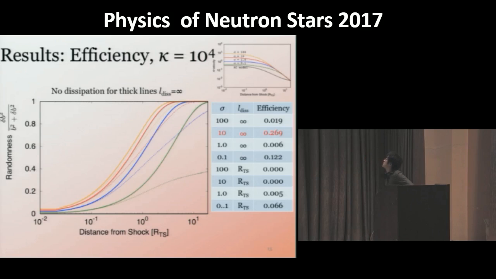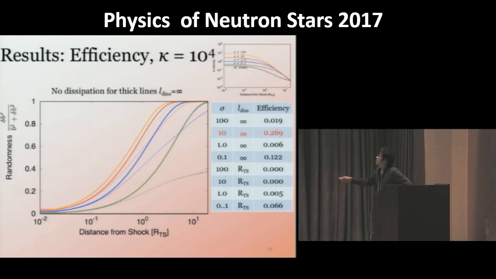Okay, so this is the value of radiative efficiency here, and we need the value around here. So high magnetization, and the characteristic length for dissipation of infinity, meaning no dissipation, is favored in this case.